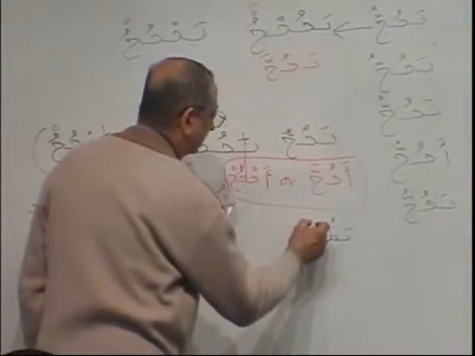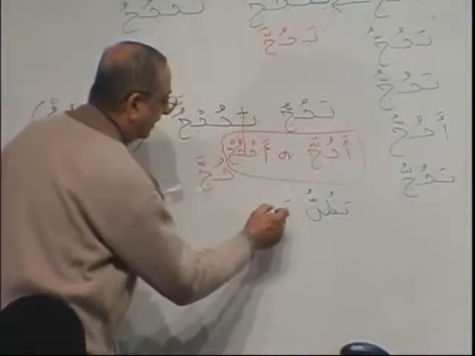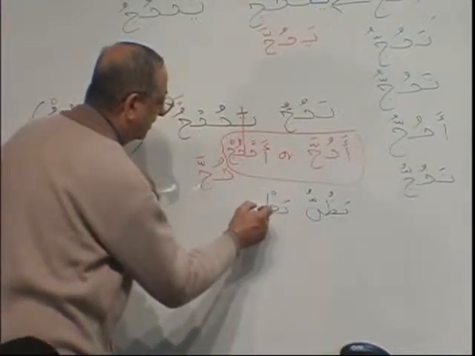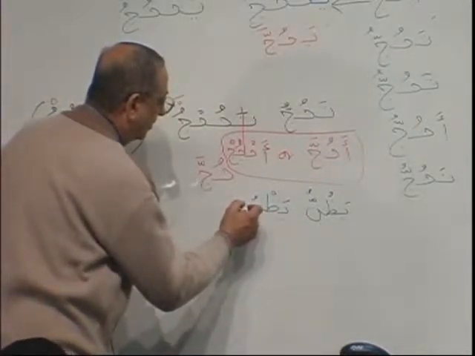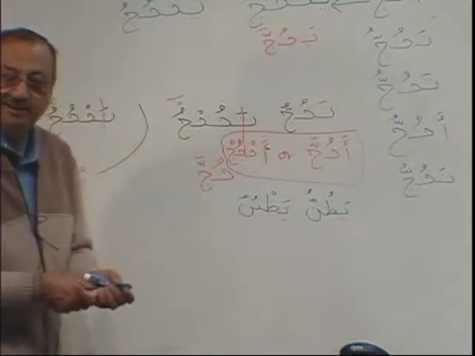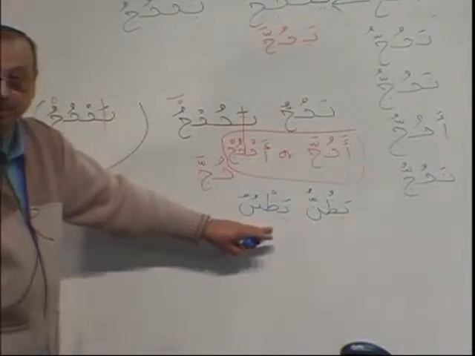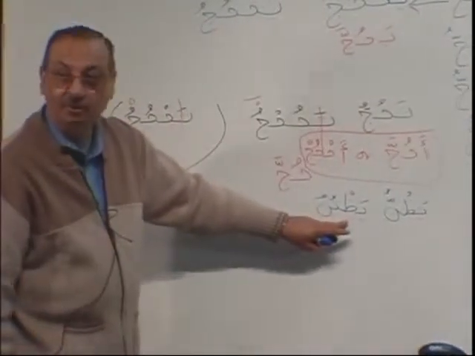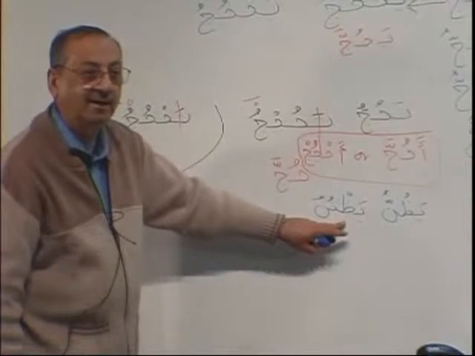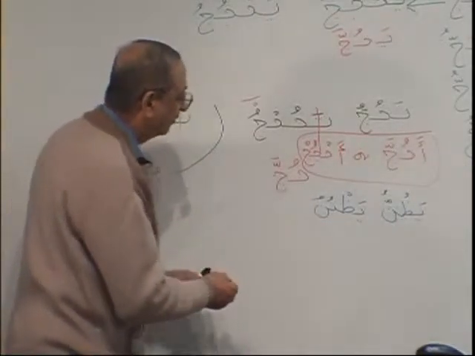Yazunnu, which is actually yaznunu. Are you with me, brother? Now, because it is a mutaharrik pronoun, we have to look at this and put the nun niswa there. So I put a nun niswa here, brother.